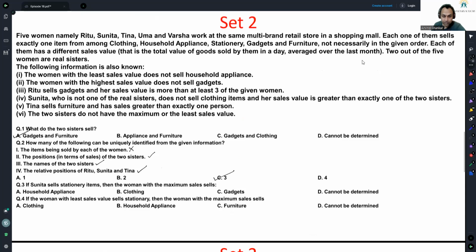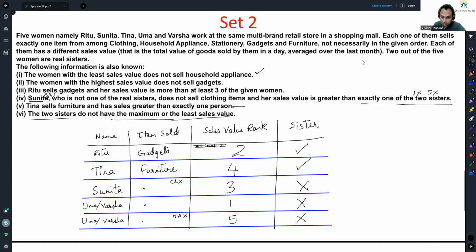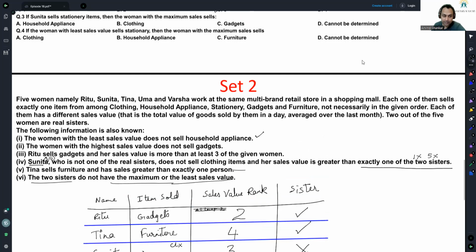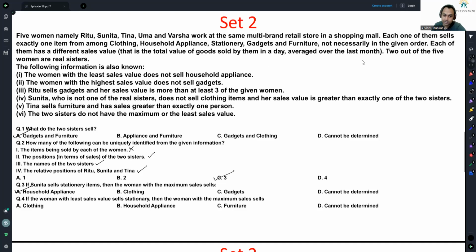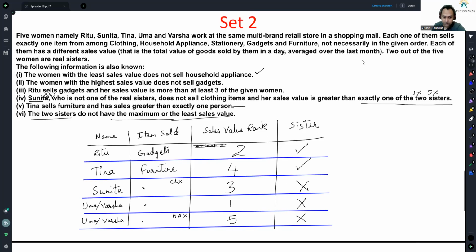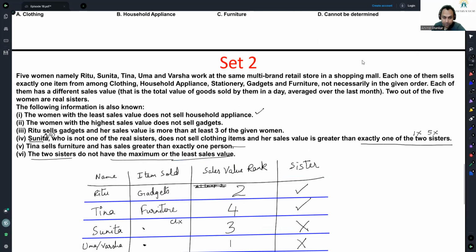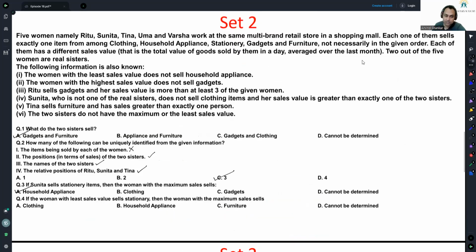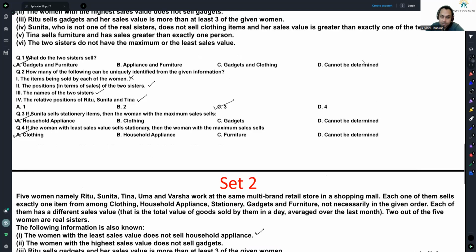Then the woman with the maximum sales sells household appliance. The person with rank 1 will be selling household appliance. Cool. If the person with the least sales value sells stationery, if stationery is here, then the person with the first rank will sell clothing. Maximum sales sells clothing, and that is the entirety of this set.